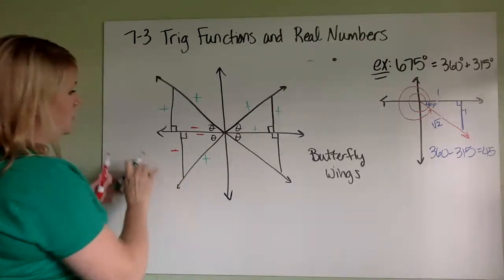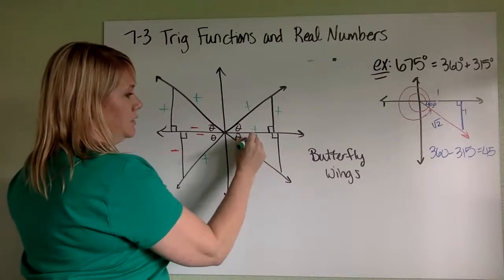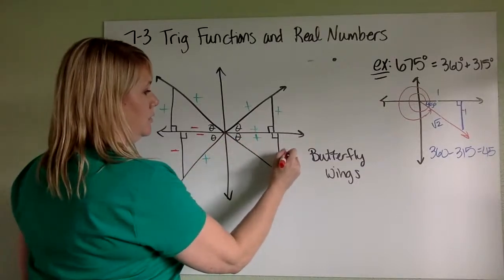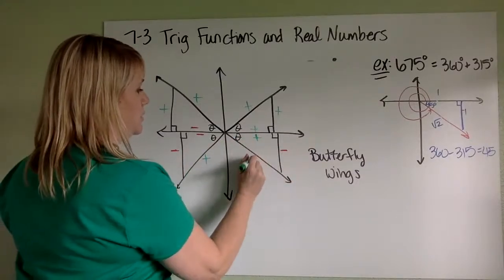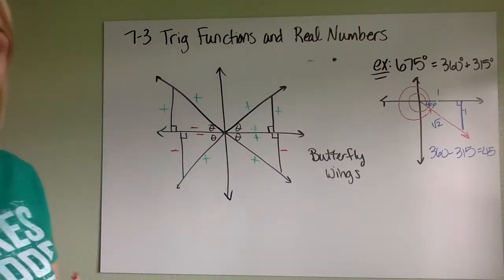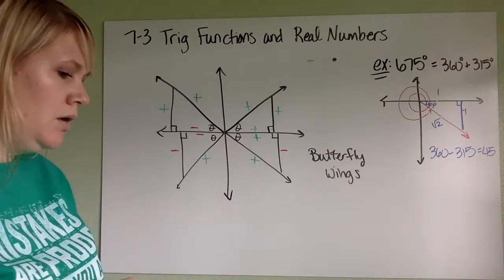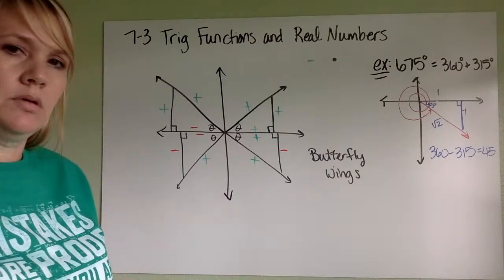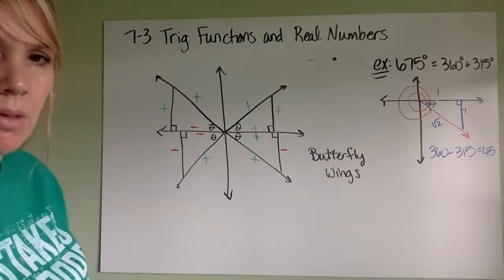To the right but down, hypotenuse is always positive. So that's just kind of a little diagram that might be helpful.